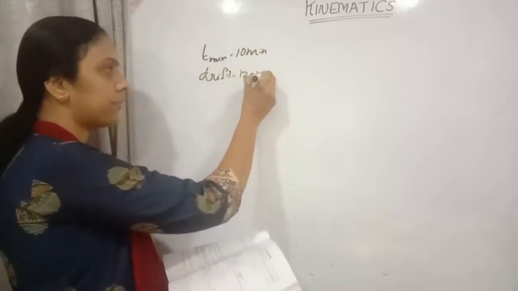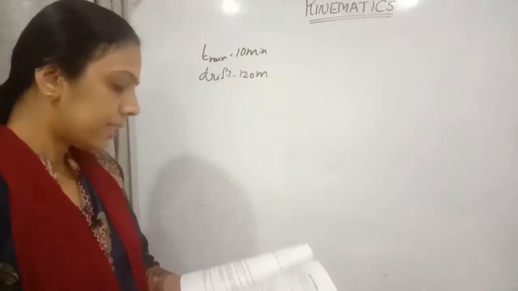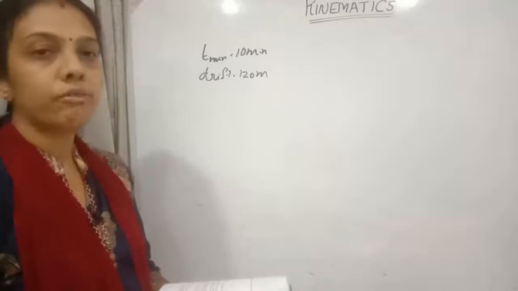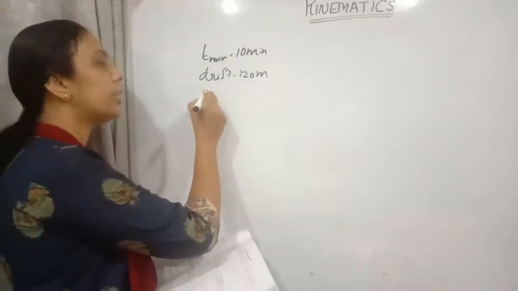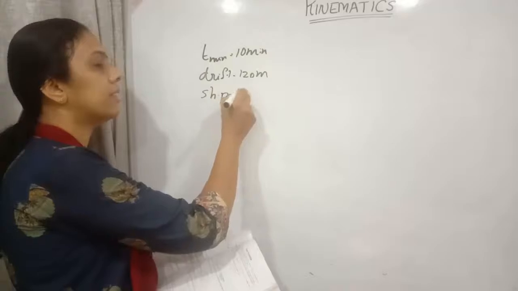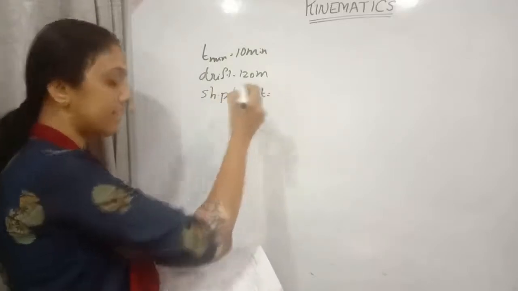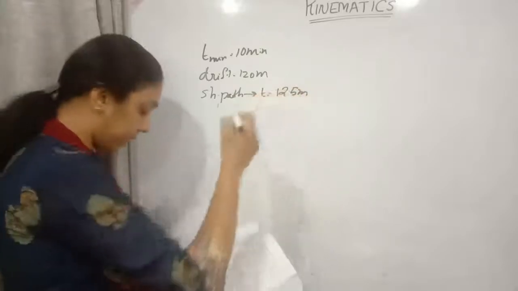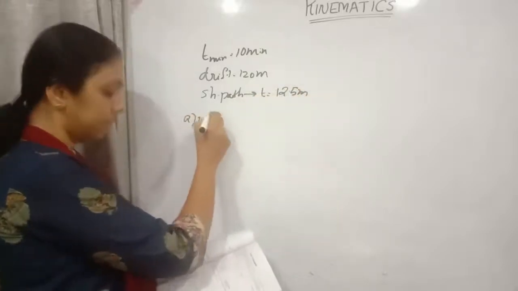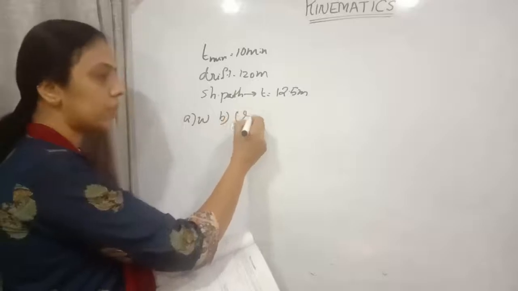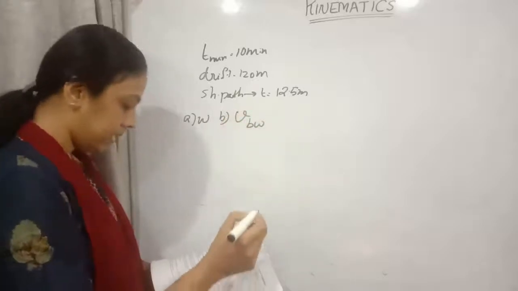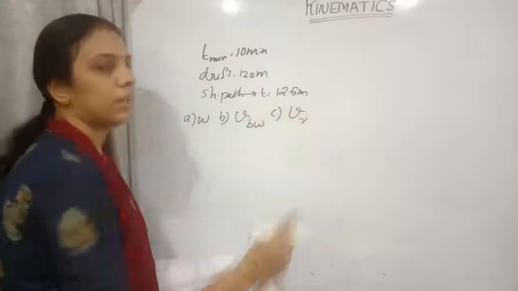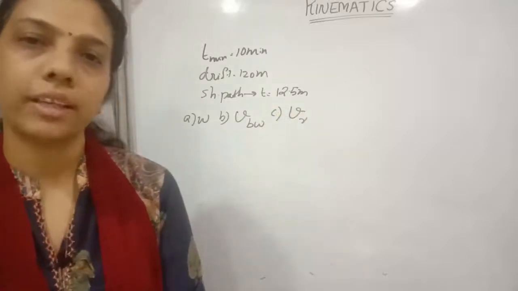If he crosses taking the shortest path, he takes 12.5 minutes. We should find out the width of the river, second, the velocity of the boat with respect to water, and third, the speed of the current, that is the velocity of the river. These are the things we need to find out.